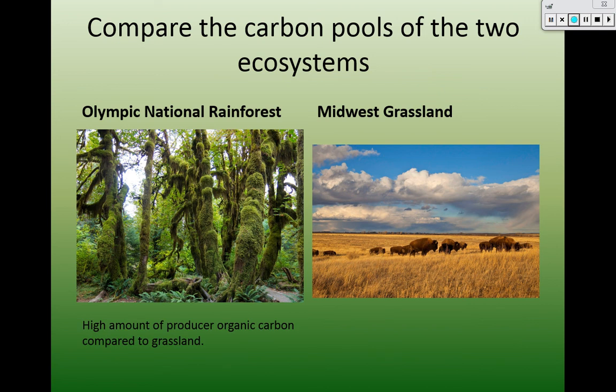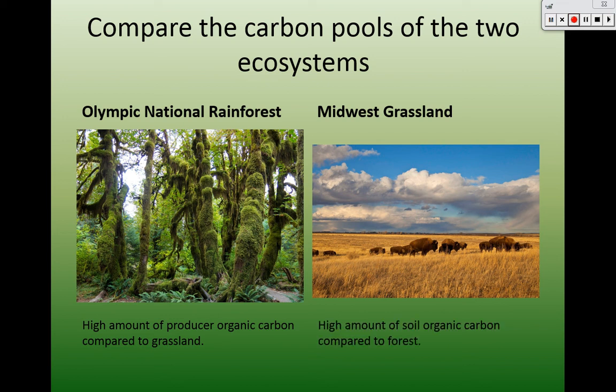So hopefully in the Olympic National Rainforest, you're seeing that there's a high amount of producer organic carbon compared to the grassland, right? We've got these enormous trees. We've got all this moss hanging off of these trees. The floor is littered with ferns, stuff like that. So compared to the grassland, much more producer organic carbon.